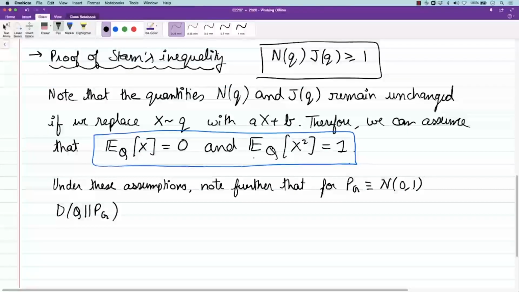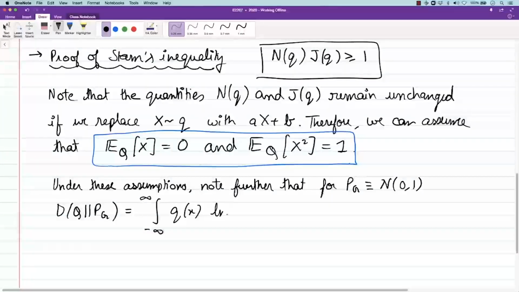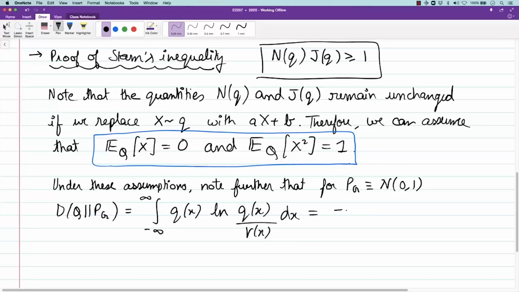So basically the same mean and variance as this X. So this can be written as the expected value under Q of ln qx by gamma x, where gamma x is the Gaussian density, dx. This first term is just minus hq. That's how we defined hq.